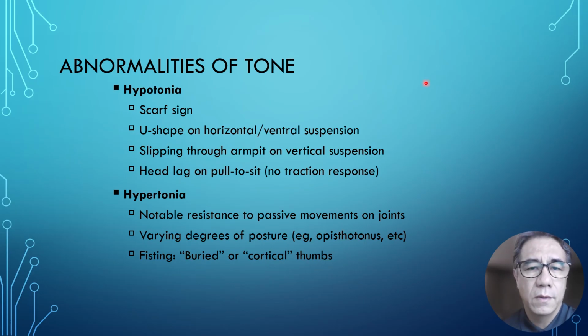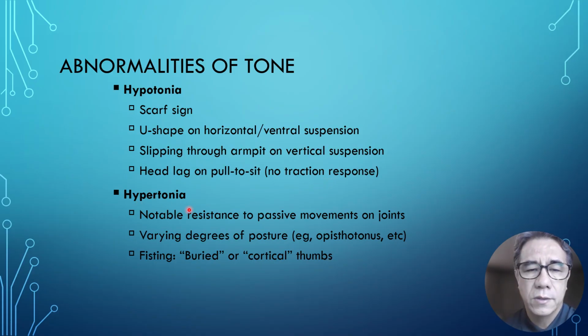Signs of hypotonia include the scarf sign, U-shape on horizontal or ventral suspension, slipping through the armpit on vertical suspension, and head lag on pull to sit. There's no traction response.